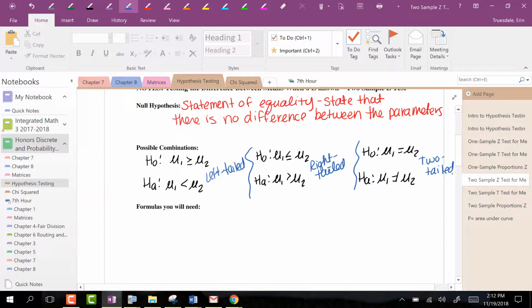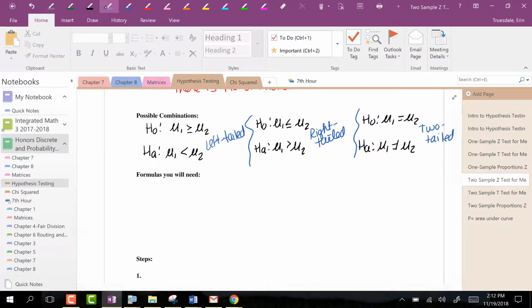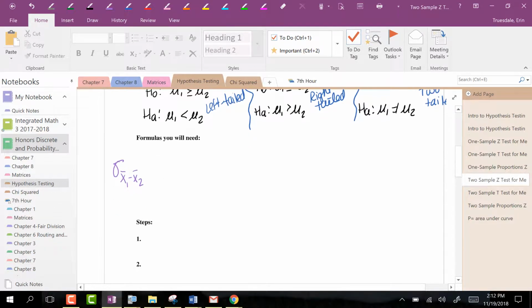Okay, formulas that you'll need and be given. Again, sigma between the samples, or the sample means. So that's why it's sigma sub x1 bar minus x2 bar, x bar of the first sample minus x bar of the second sample, is equal to the square root of the first sample standard deviation squared over the sample size plus the second standard deviation squared over the second sample size.